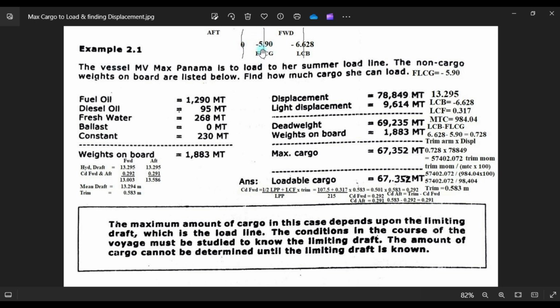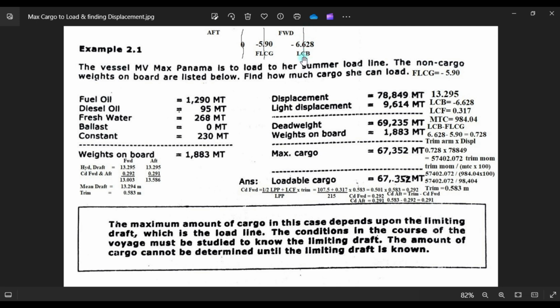That will be your final LCG. And the LCB is negative 6.628, which is this one. So it is over and beyond the final LCG, somewhere around here.